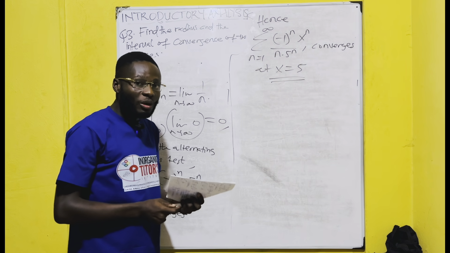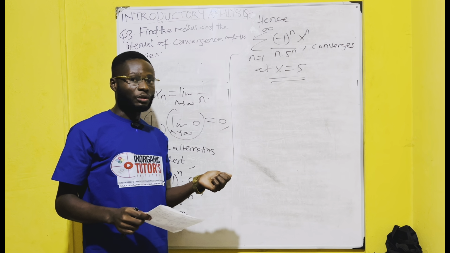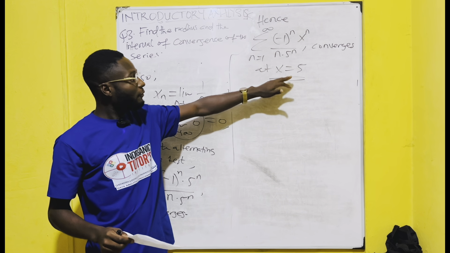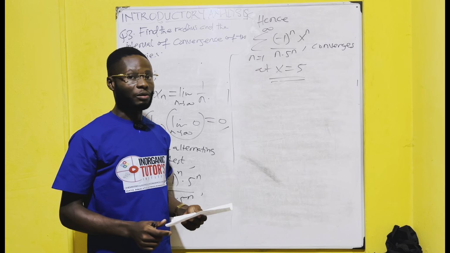So the first one we had diverged at x equals what? -5. And the second part at x equals +5, it converged. So what are we going to write as our conclusion?